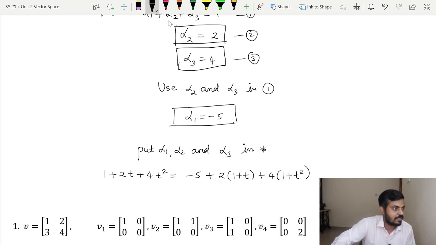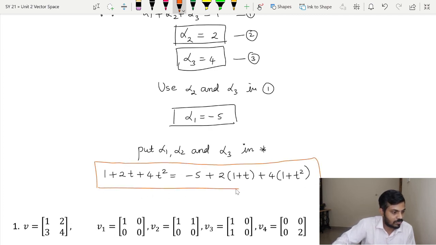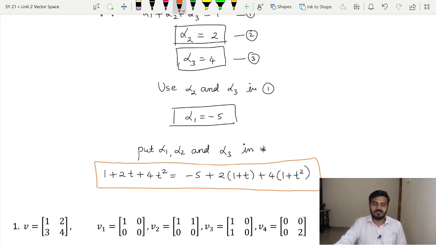Thus we have expressed this 1 plus 2t plus 4t square as a linear combination of 1 plus t and 1 plus t square, and that is what we wanted to do. In fact, you can verify your answer as well, which is easy to do in this case.